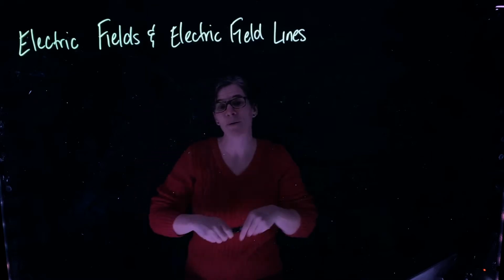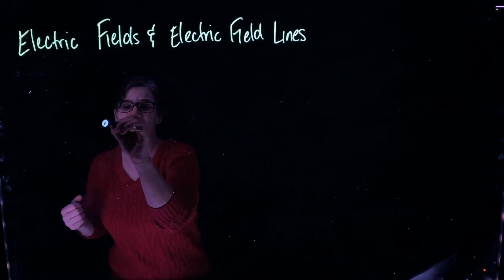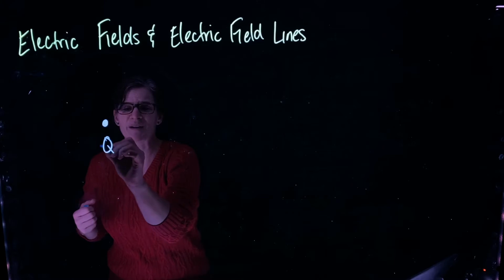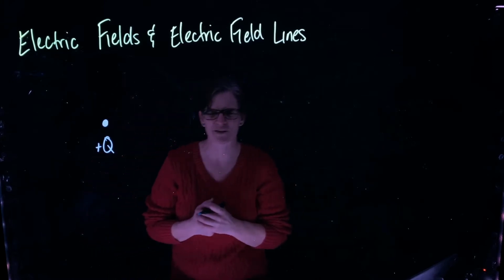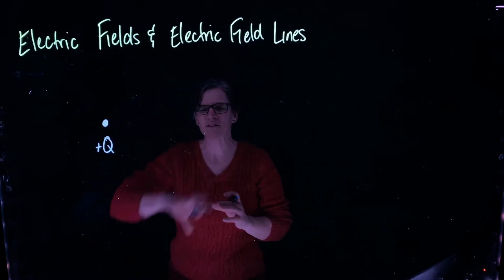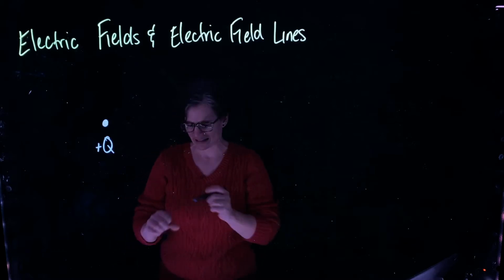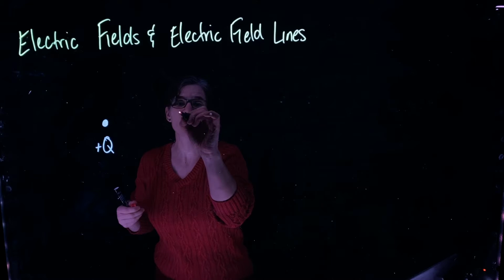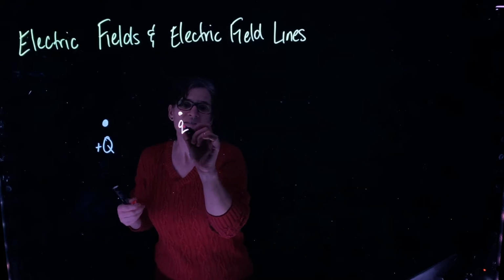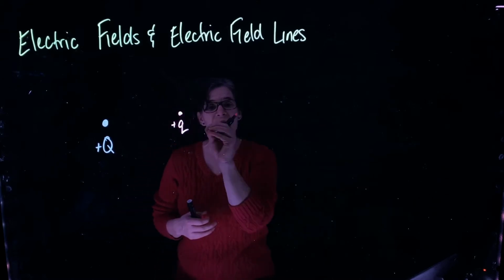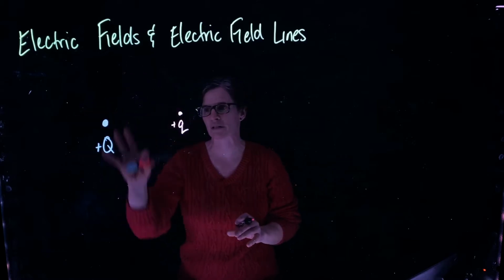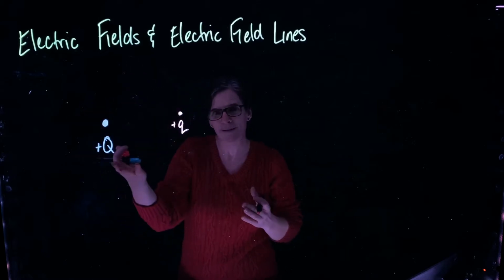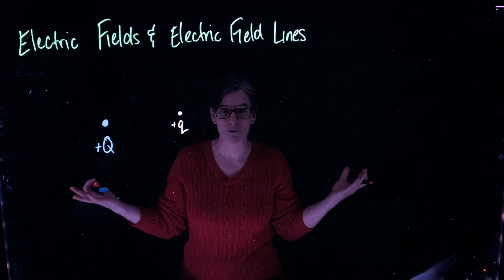The big particle Q, so I'm going to use charged particle Q, and I'll say it's positively charged for the first part of this, is influencing that space around it, such that if I bring in a test particle, let's say small q, and we'll say it's positive 2, that test particle is going to be influenced by the sheer presence of big Q. And we know it is through that force interaction.